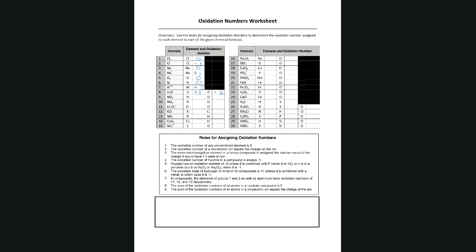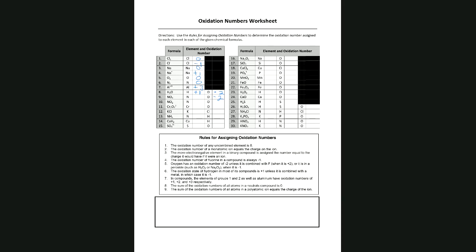We said before that oxygen is either going to be 0 or something else if it's in a compound or with another atom, unless it's a peroxide. If it's peroxide, it's going to be -1. Okay, it's going to be -2. And there's 3 of those.